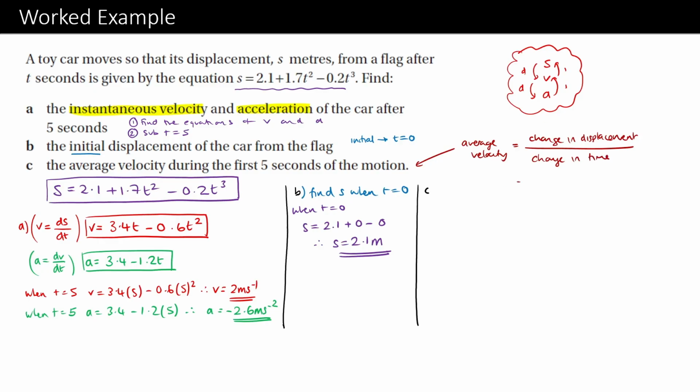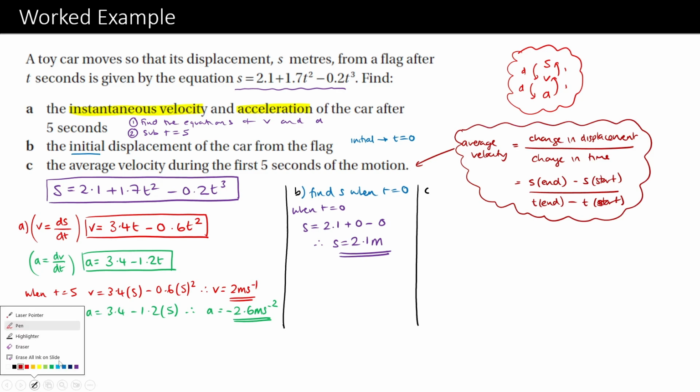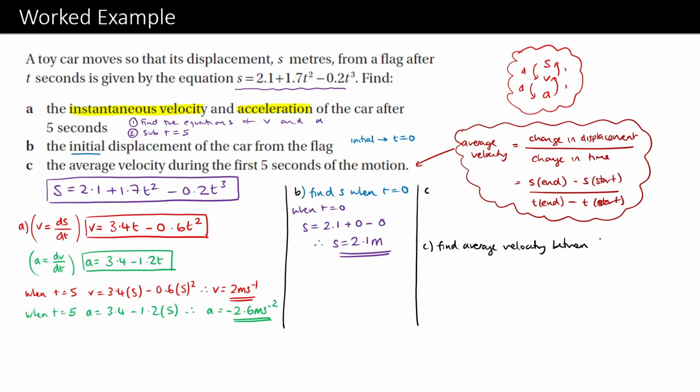In other words, it's the s at the end minus s at the start, over t at the end minus t at the start. So working with part C, we're finding the average velocity between t equals 0 and t equals 5.